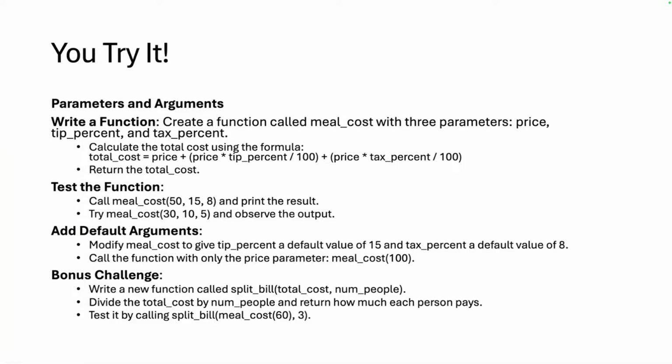I want you to take in price, tip percent, and tax percent, and calculate the total cost using total cost equals price plus price times tip percent over 100 plus price times tax percent over 100, and return total cost. Try the function out by calling it, passing some values. Call meal cost, say it was $50 with 15% tip percent and 8% tax. Try it on 10 and 5 and observe the output.